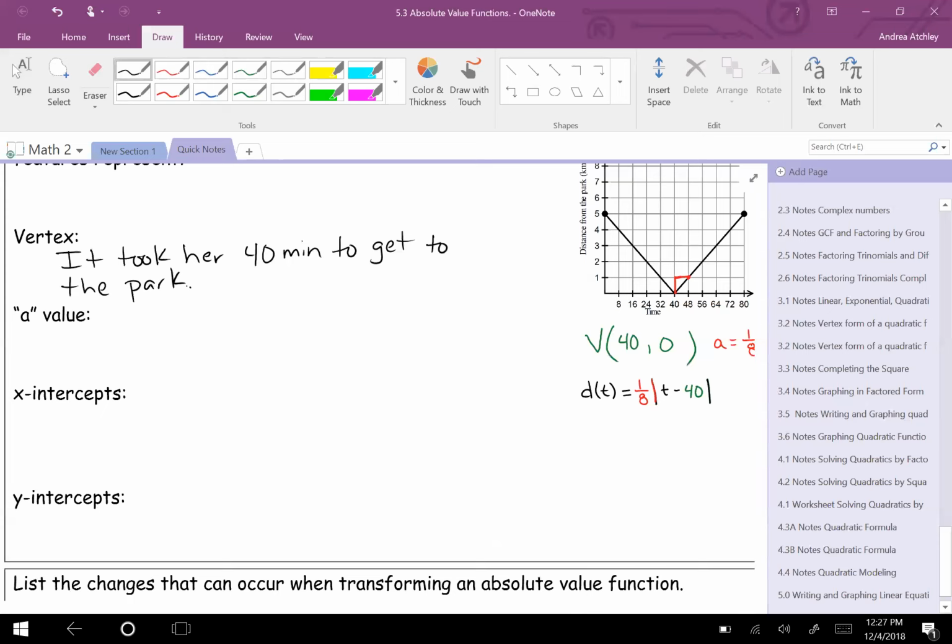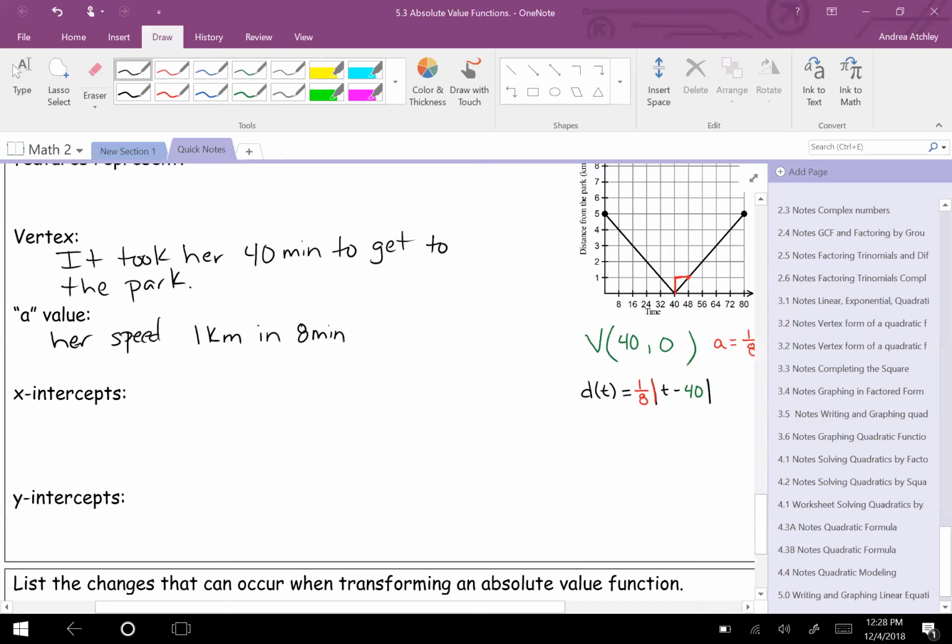Yes, 1 kilometer in 8 minutes. It's the rate of change, how fast she's going. So the a value is her speed. In this scenario, it's 1 kilometer in 8 minutes.